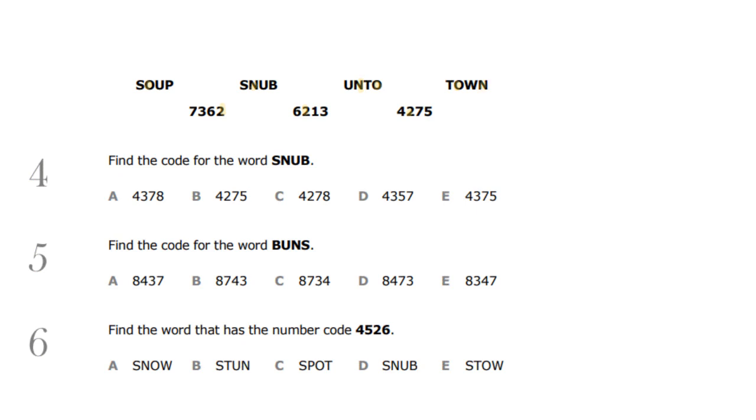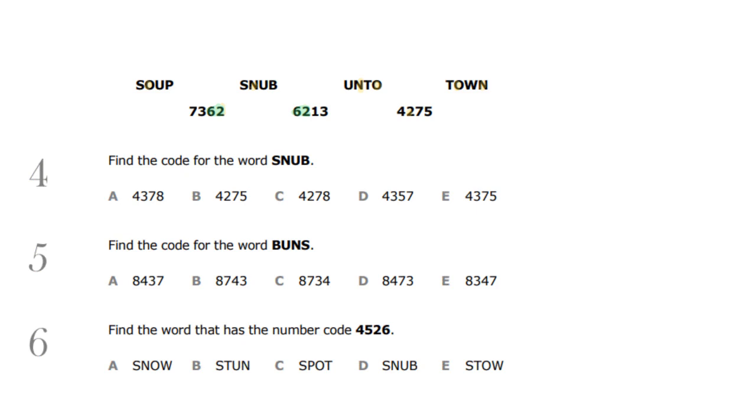But what we can do is have a look at the number 6 and 2 in code 7362 and 6 and 2 in the code 6213. So we can see that there must be a word that ends with 2 certain letters and then another word that begins with those 2 letters.